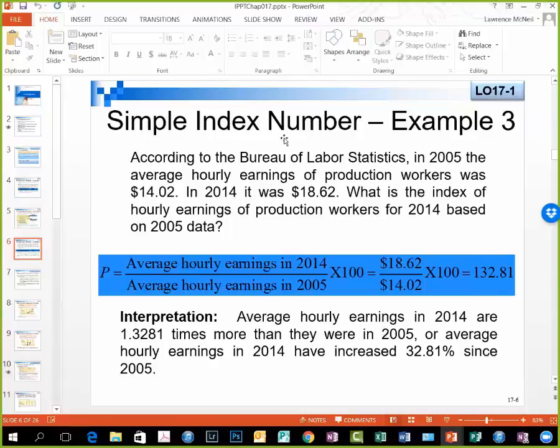Because we're using a simple index in this case to get the number of 132.81. And then if we take that 132, it's called taking it in hundredths. When you take something in hundredths, you're dividing it by 100. And that's how you get the 1.32 number. If all you did was take it one over the other, then you would get the 1.32. But technically, when you're finding a simple index, you're multiplying it times 100.